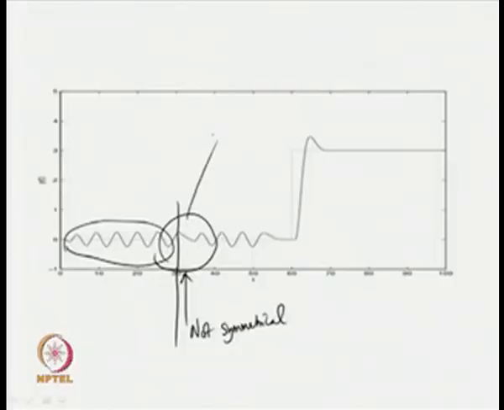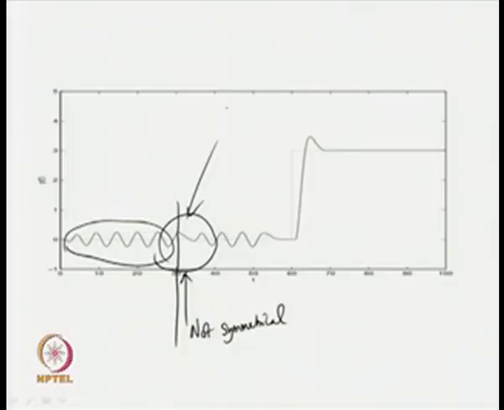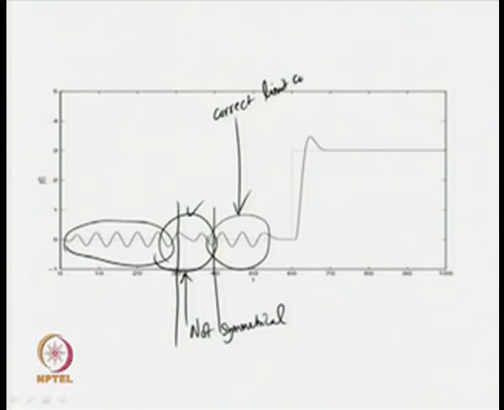If at all you make measurements during this period, when you have a static load or immediately after occurrence of the static load disturbance, then you will measure erroneous values for the peak amplitude and frequency. Then what is observed is that after some time, again the original limit cycle output is restored. So, the correct limit cycle output occurs after a few seconds.